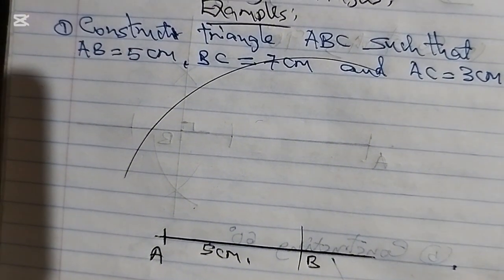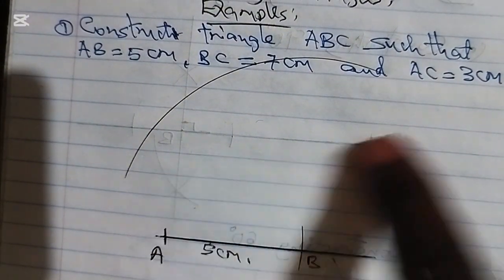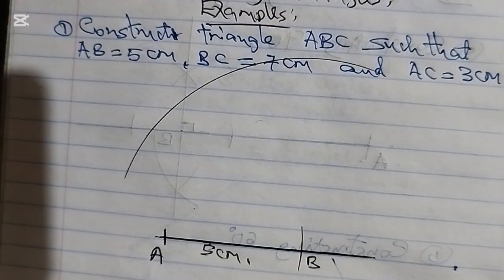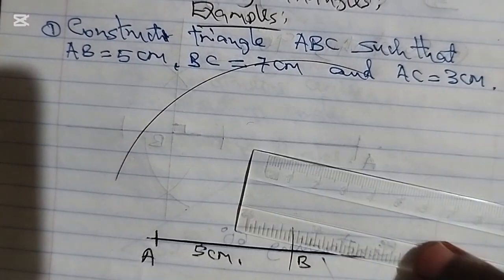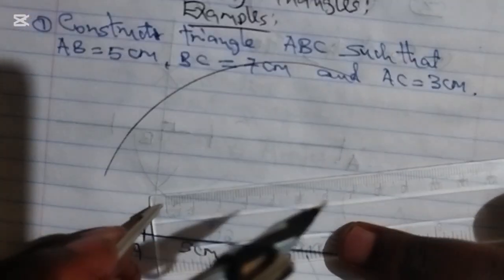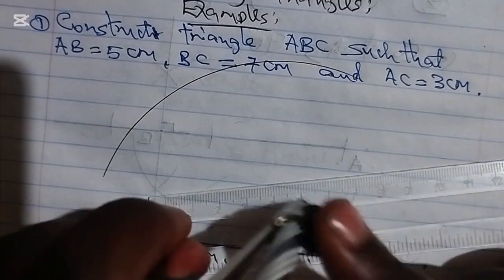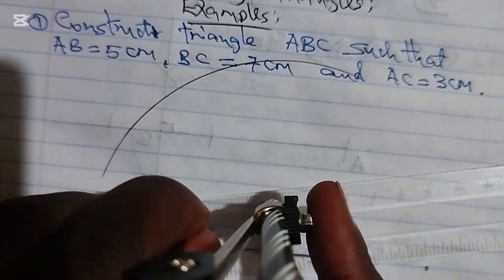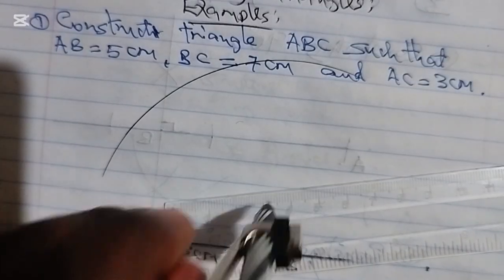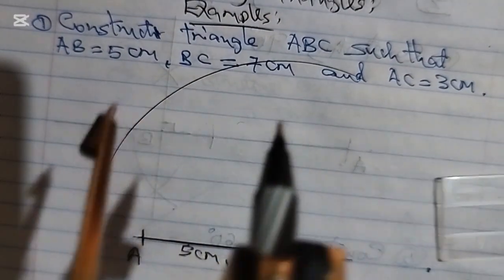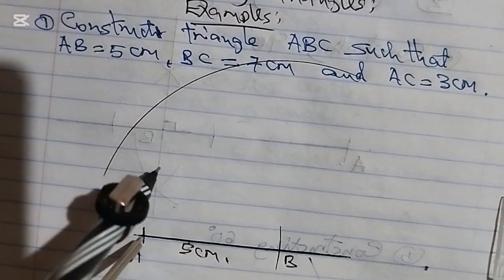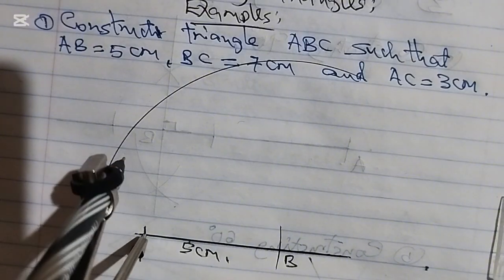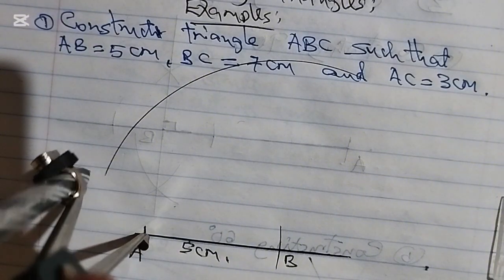After making that arc, I'm being told that AC now should be 3 centimeters. So again, I use my compass and a ruler to measure 3 centimeters. There is my 3 centimeters I've measured. I'll now stand here at A and make an arc.